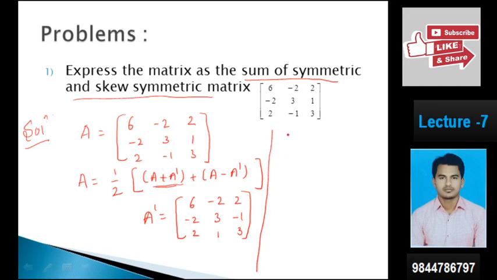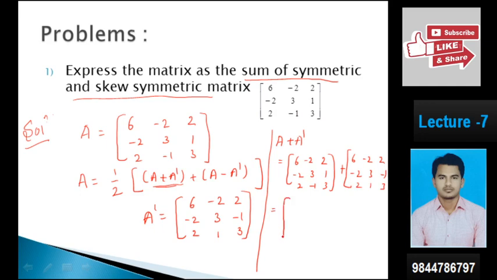After getting this value, find A plus A dash. A means the matrix 6, minus 2, 2; minus 2, 3, 1; 2, minus 1, 3. A plus A transpose: 6, minus 2, 2; minus 2, 3, minus 1; 2, 1, 3.